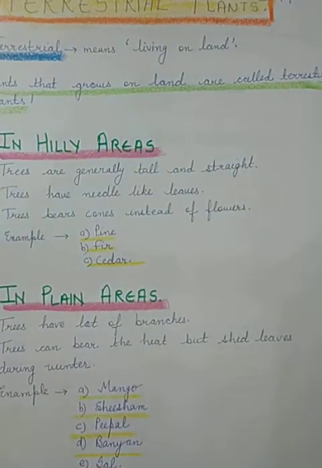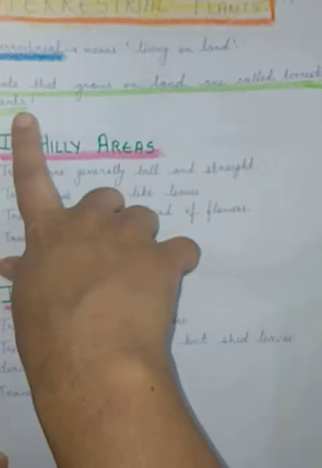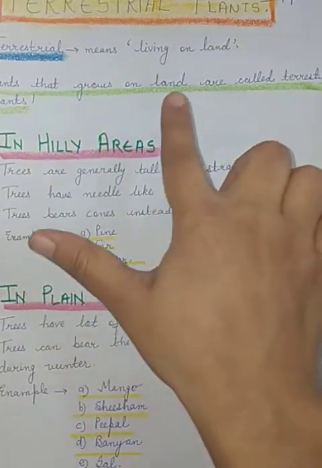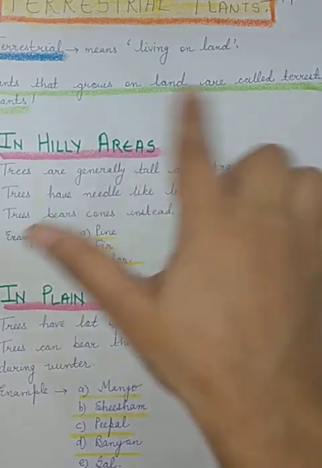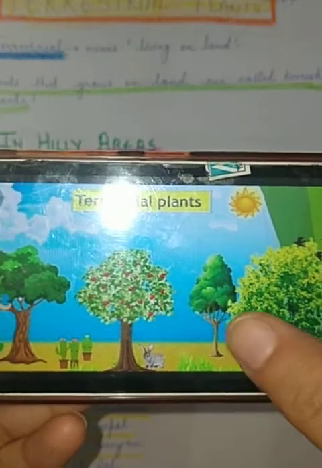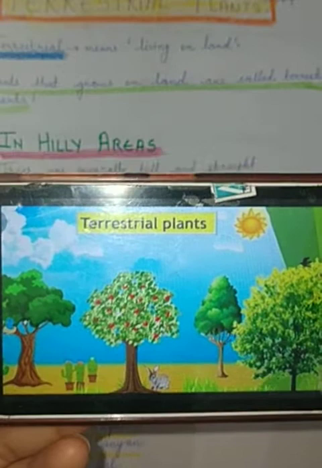So terrestrial plants are those plants that grow on land. For example, in this picture there are different kinds of plants. The plants which are growing on land are known as terrestrial plants, and this picture is showing different kinds of terrestrial plants.